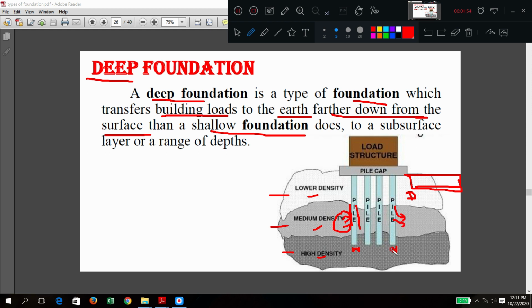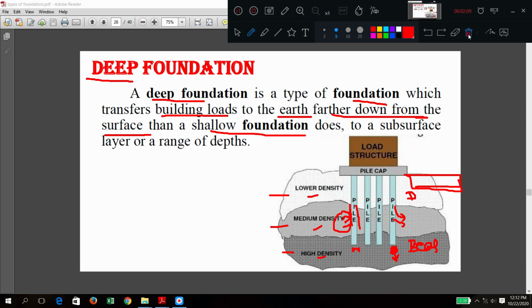If it transfers load only through bearing at the bottom, then we call it a bearing type of foundation. You understand the two words.